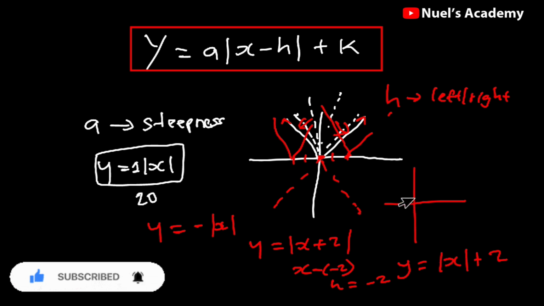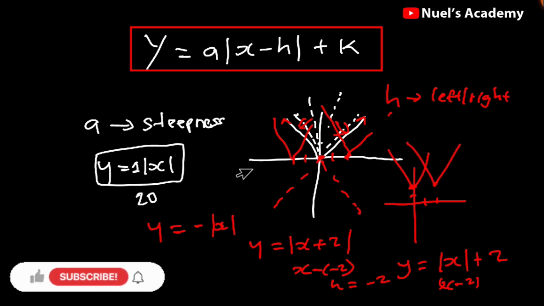It's going to be 1, 2. Now, this graph will start here. Okay. Now, if this is x minus 2, then we have 1, 2 here. It will shift 2 to the right and then 2 up. So, it's going to be like this.